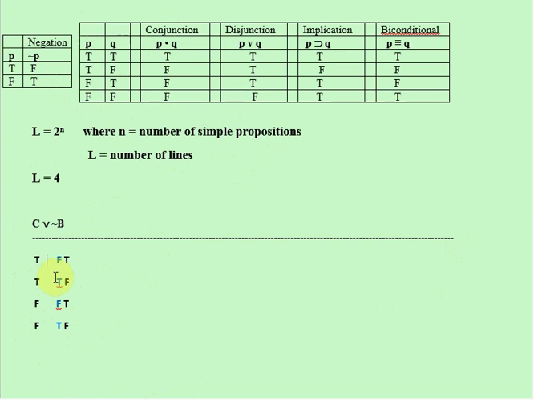T or F, well, that would be T, because at least one is true, right? So let's make that in red to show that that's our final truth value. Okay, T or T, well, that's also true, right? And again, you could look back at the table here. I'm taking this from the table. T or T, or true is true. Okay, F or F, that's the only case in which the whole thing is false, right? So that would be false.